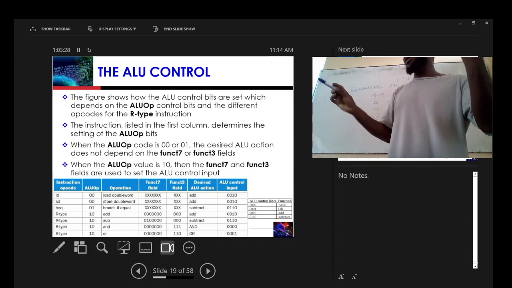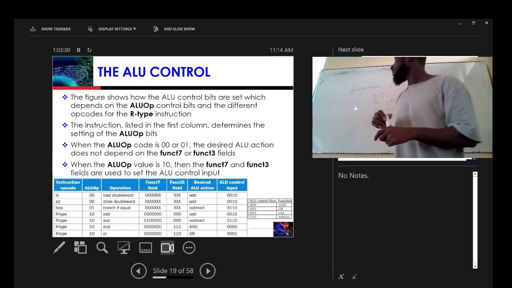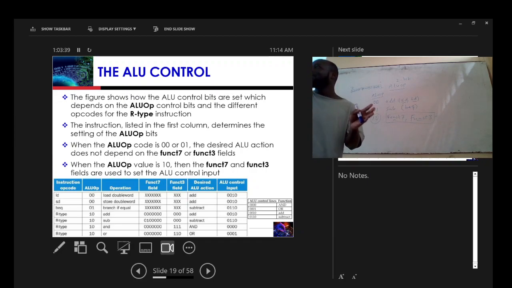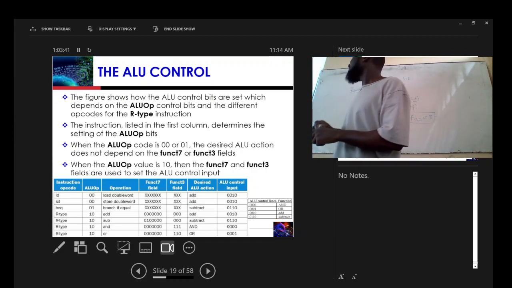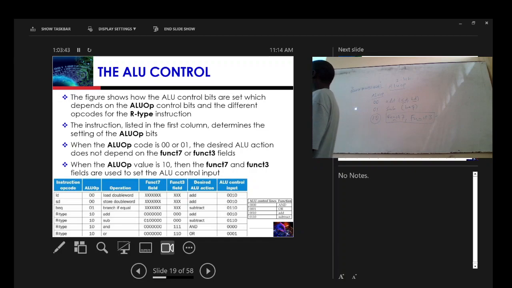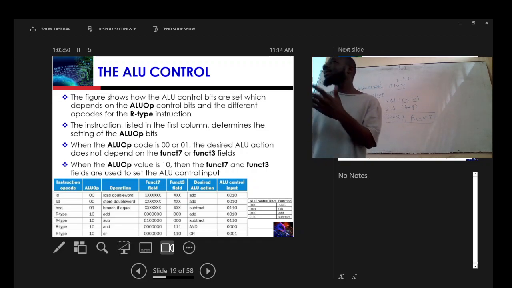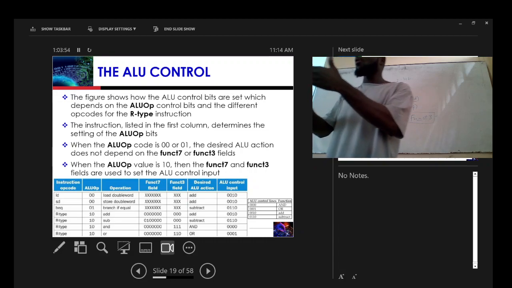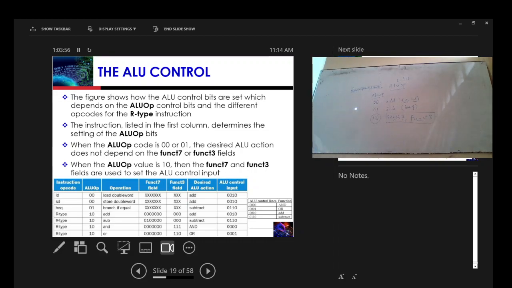Now look at how it works. We want to generate these signals, and then that will go to the ALU to determine the operation, right? So this is how it does it. Our instructions are LD, load double word, store double word, BEQ, and then we have add, sub, and, or, right?